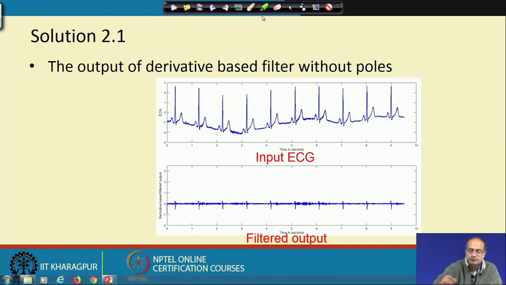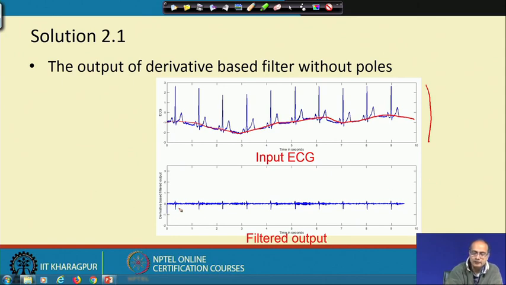Here we show the input signal with the baseline wandering. Here is the baseline wandering, which is moving up and down. It is not a horizontal line, and when we pass it through this transfer function, the low frequency noise is eliminated to a great extent.